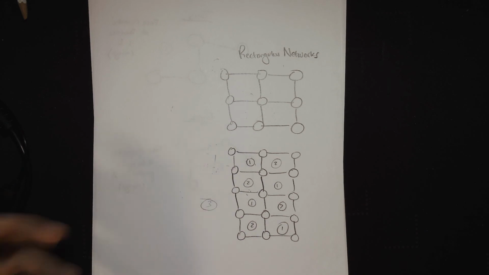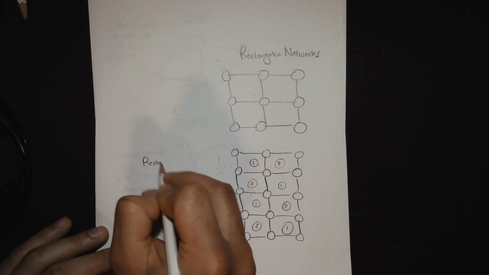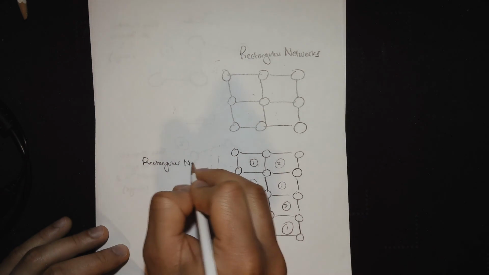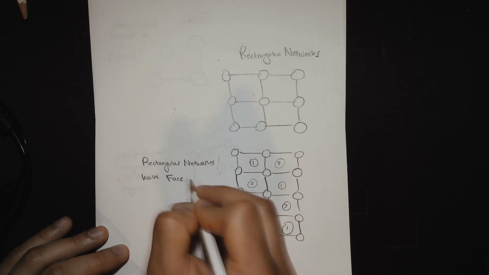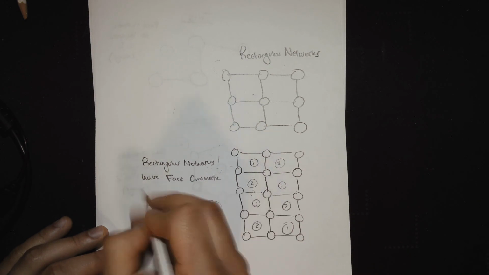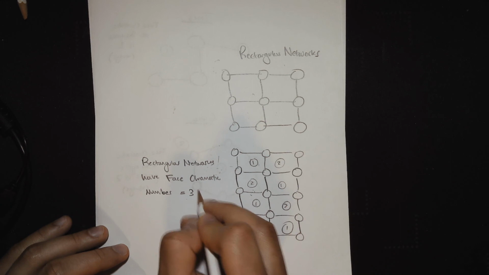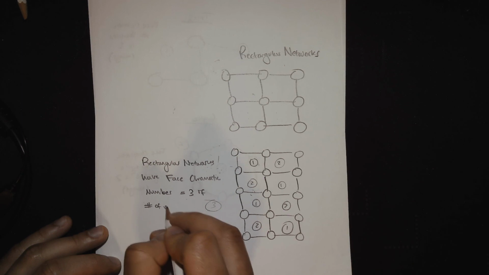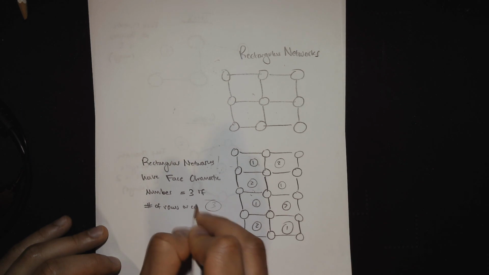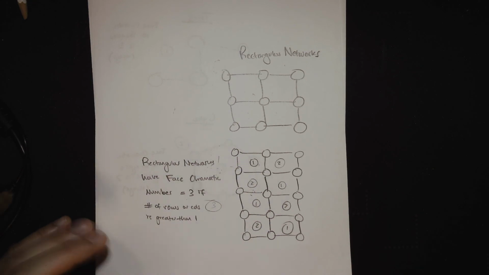I'm providing an informal argument as to why this is the case, but we have the general result that rectangular networks have face chromatic number equal to 3 if the number of rows or columns is greater than 1.